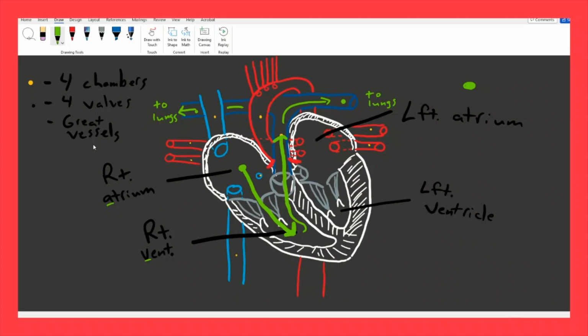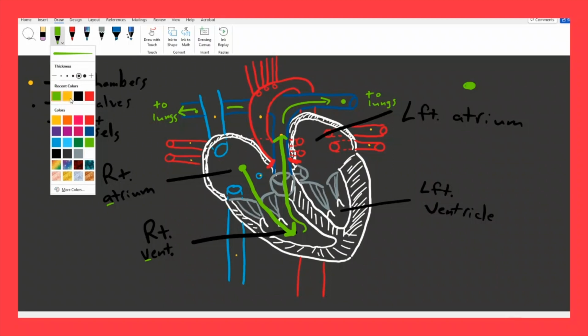Now, that blood goes to the lungs, we know, to drop off carbon dioxide, to pick up oxygen. That's for your respiratory system study, not for today. But if this thing right here, and I'll go ahead and just for fun, I'll label this one for you. Let me pick a different color here. How about light blue?